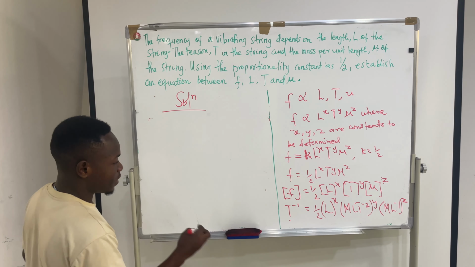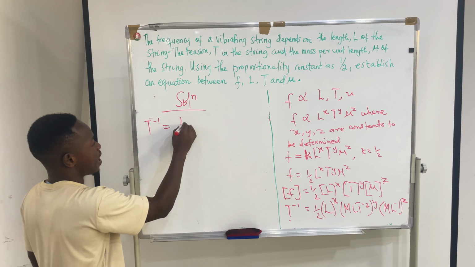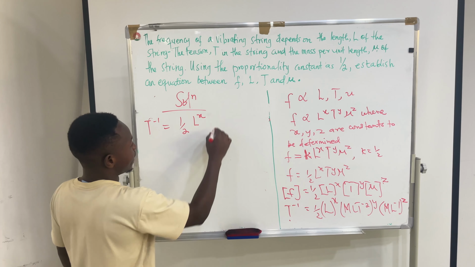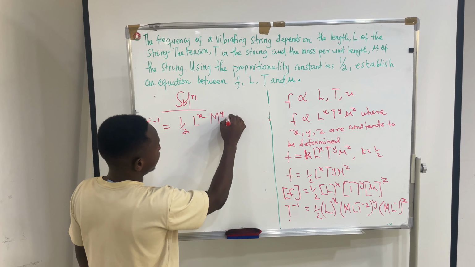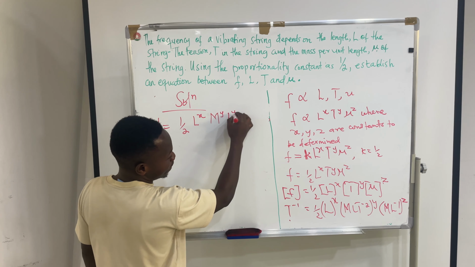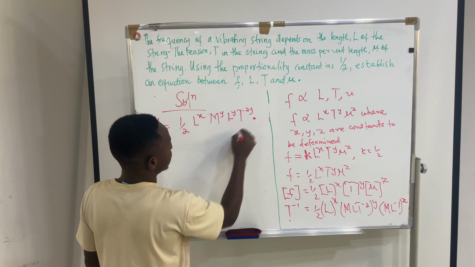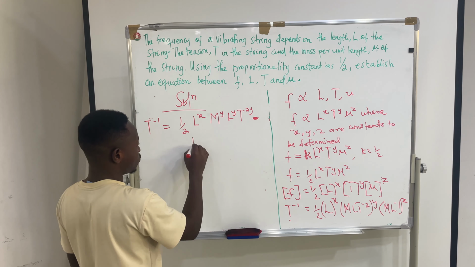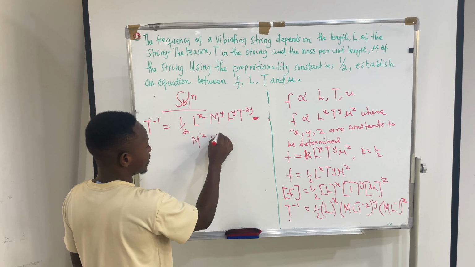So this becomes t^-1 equals half L^x, m^y, L^y, t^-2y, multiplying, this is multiplication, okay, multiplying m^z, L^-z.